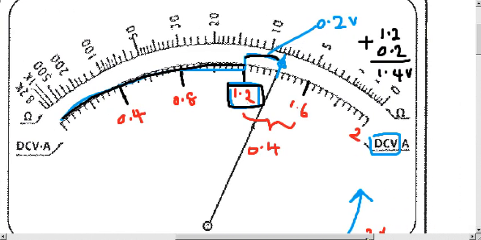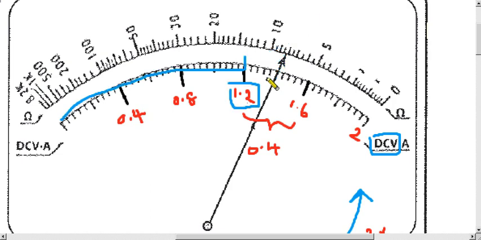So if the needle is not at the center, what will you do? Say the needle is not at the center, it's somewhere here. Say I delete it. Since the needle is at the center, it was easier. Say the needle is somewhere here, like this. Then what is the value? Then you have to count the smaller segments. How?